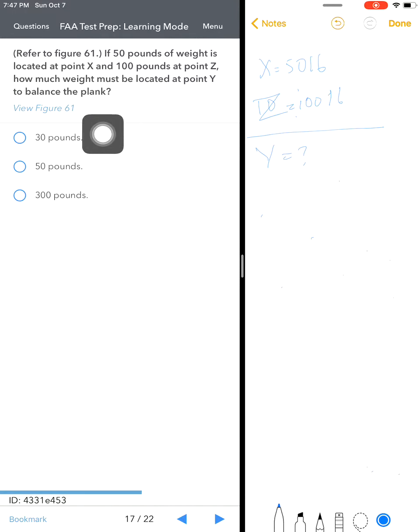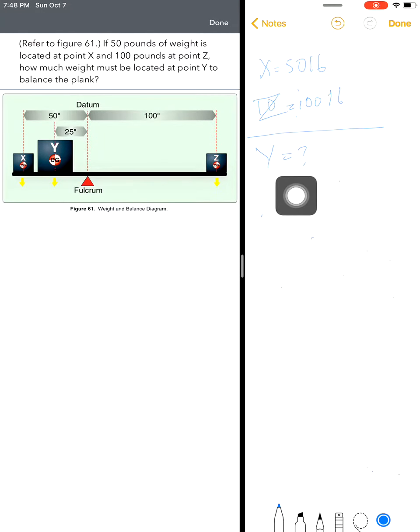Okay, now I'll go back to the figure. What we are looking for is Y. Every time, whatever you need to find, you have to look at the opposite side of the fulcrum datum line. So Z has 100 pounds, and the distance arm is 100, so we multiply 100 by 100.